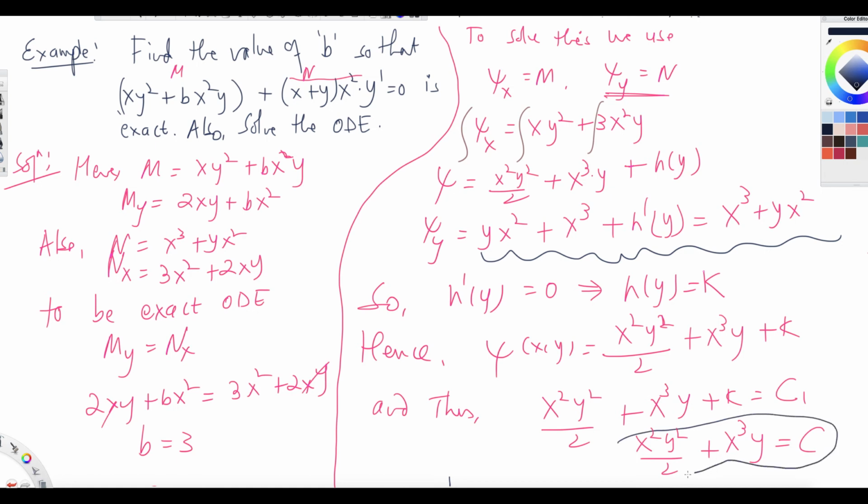Okay guys, so these examples show you that if an ordinary differential equation is given, you can check whether it is an exact equation or not. If it is an exact equation, then you can solve it by this technique. Okay, all right guys, so as I mentioned earlier, not all differential equations can be solved by hand explicitly.